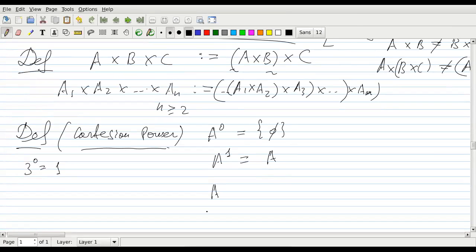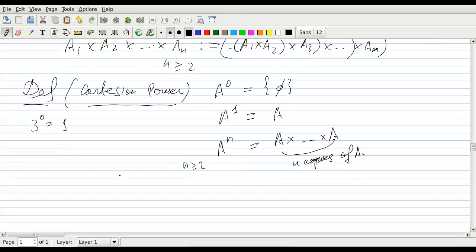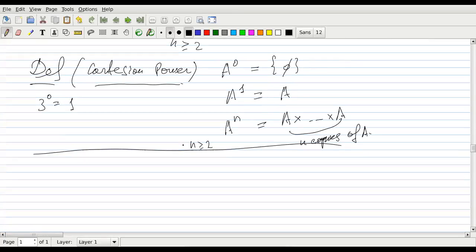That's natural. And if n is at least 2, A to the power n is the product of n copies of A. So what is Cartesian power?